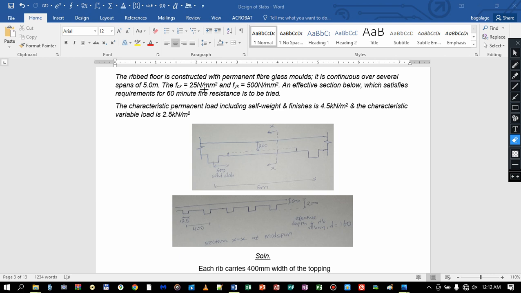So now here we have the material properties, the compressive strength of the concrete, and the yield strength of the steel. And here it goes further and says that the section that we are going to design satisfies requirements for 60-minute fire resistance.